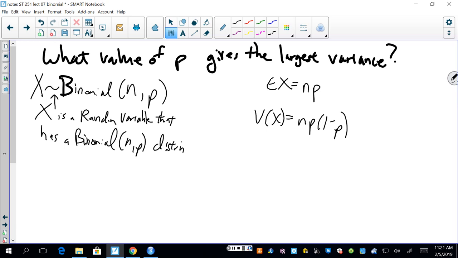What about p? p can go between 0 and 1, right? What does p times 1 minus p look like as a function?